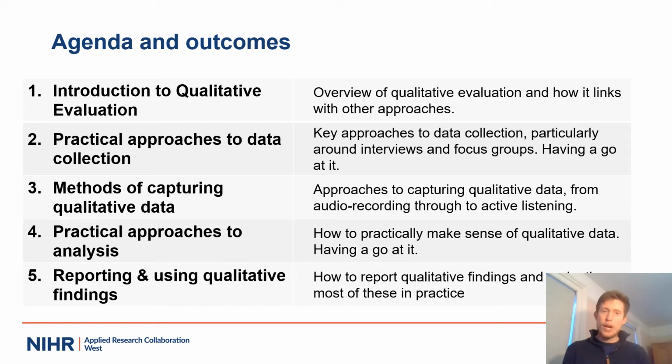And so here we really focus in on what are the key things that you should be looking to include within a report of qualitative evaluation findings. And that hopefully gives you a bit of an overview of what to expect and some of the outcomes that are associated, as I say, with each of the sections of the training materials.